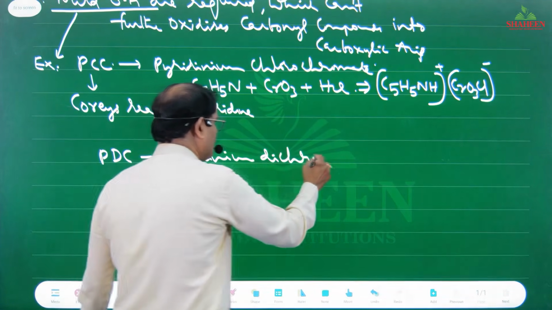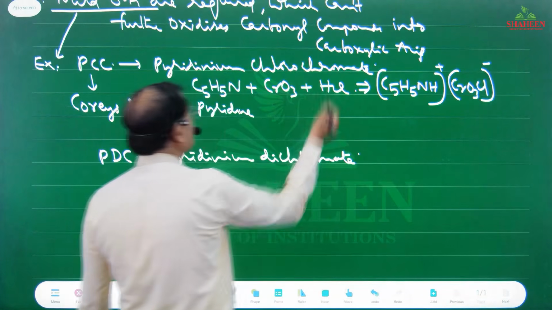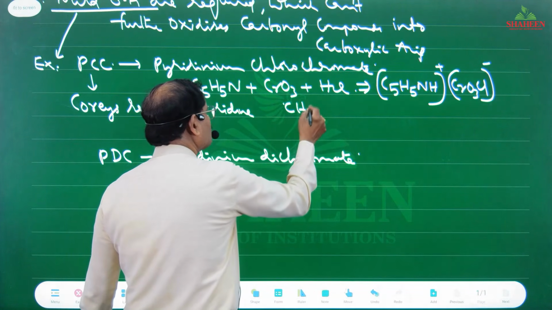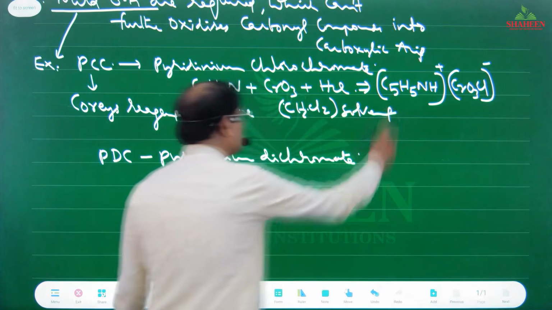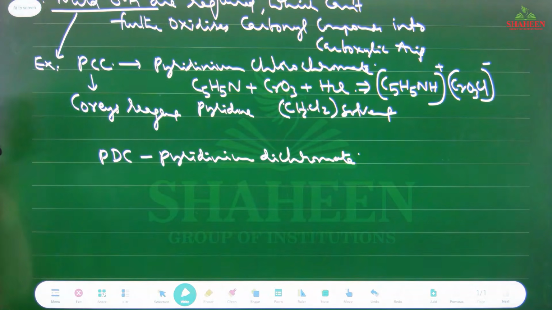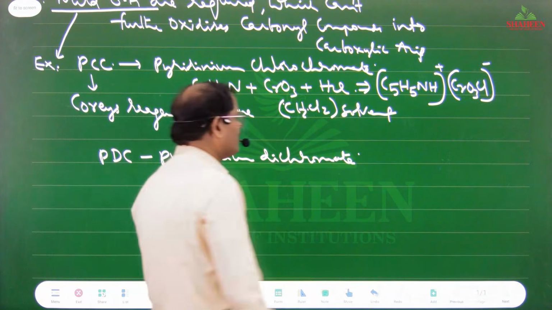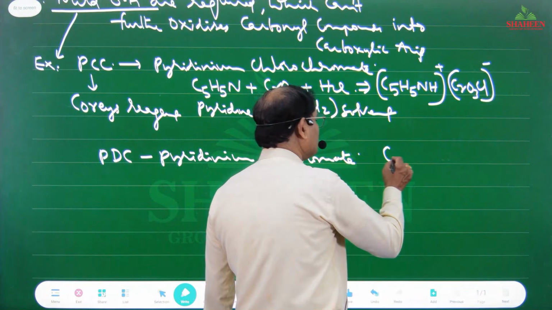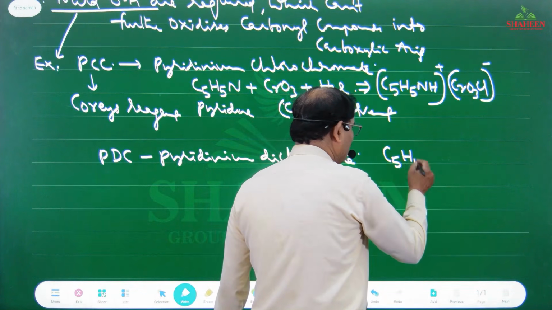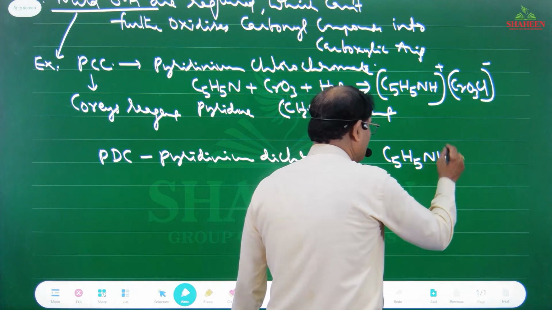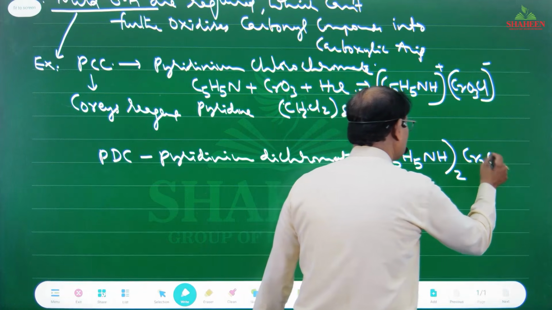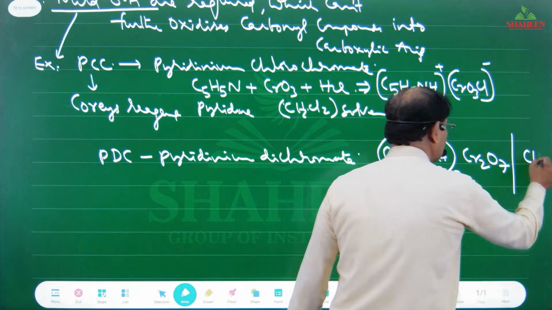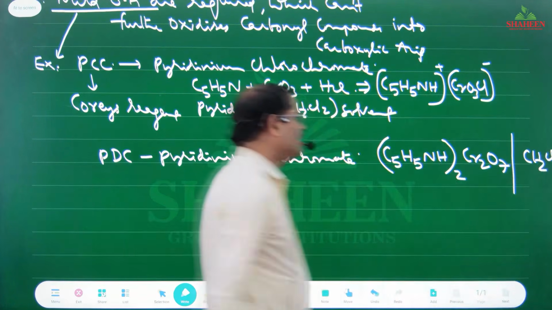Generally here we can use CH2Cl2, methylene chloride, as solvent. Pyridinium dichromate is (C5H5NH+)2 Cr2O7 2-, also in the presence of methylene chloride.